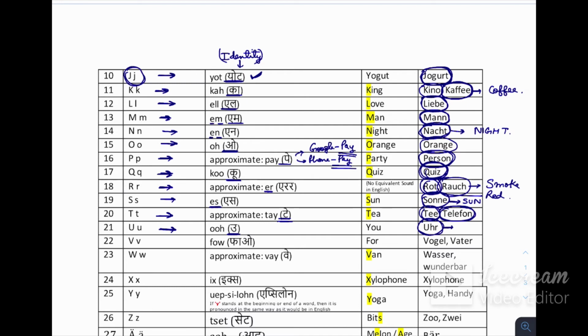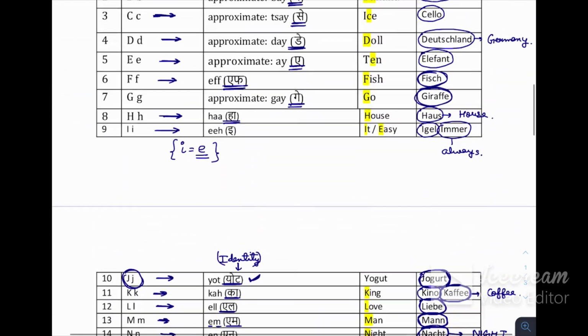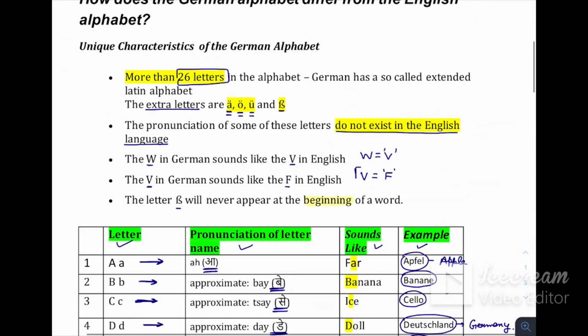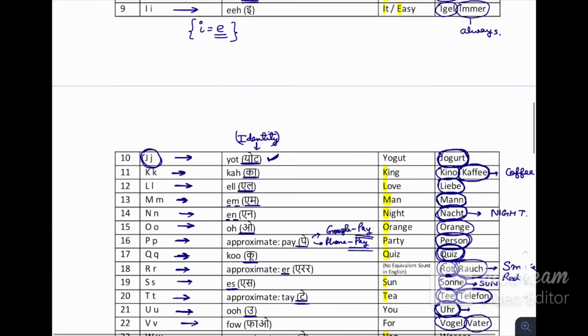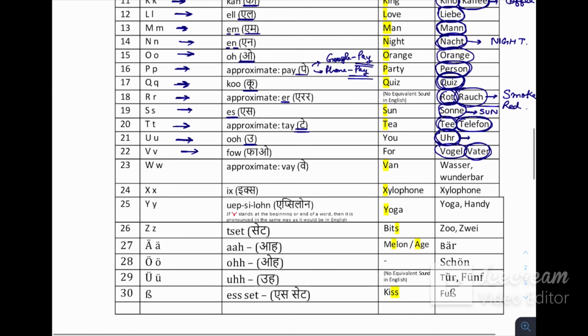V is fow, as in Vogel, Vater. V का हमने ऊपर एक्सेप्शन देखा था. यहाँ पे V sounds like F and W sounds like V. Clear? So it sounds like Fater, Fogel. Vater means father. ठीक है. F sound.